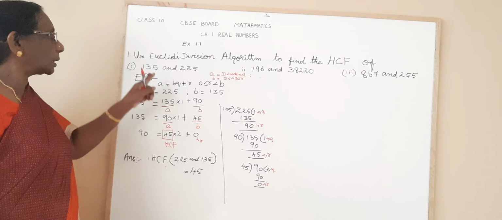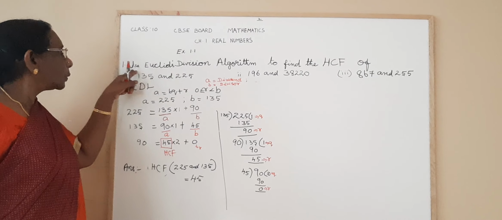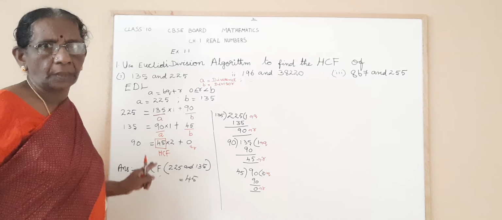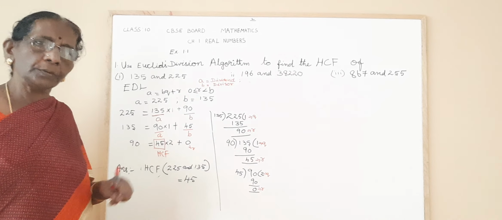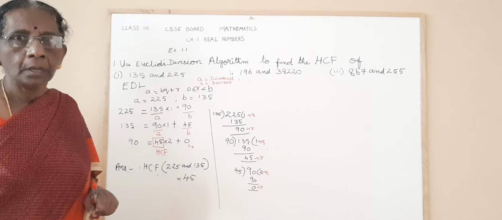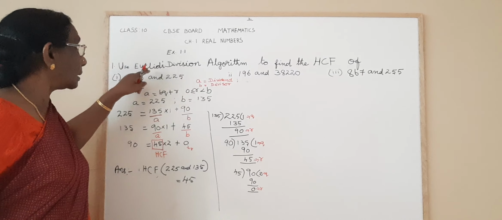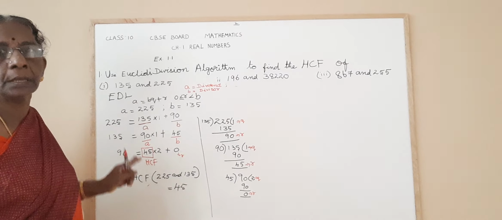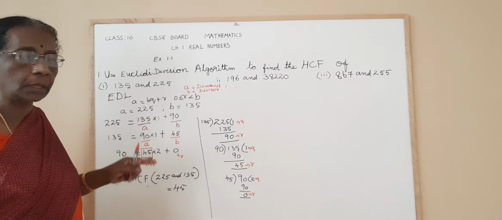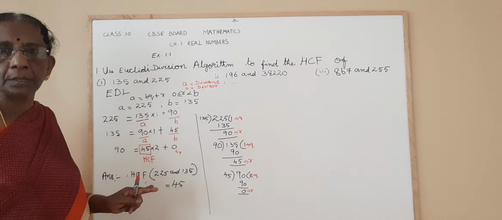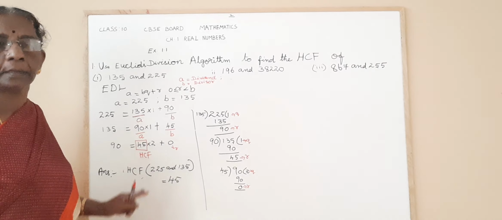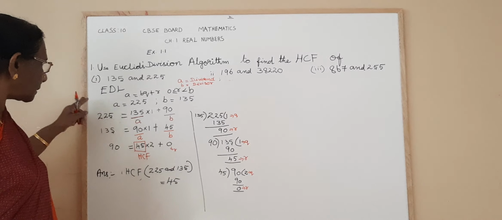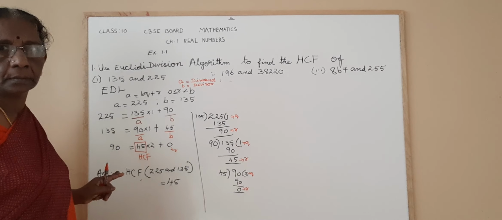Okay, children? Whenever the question says use Euclid's division algorithm, you have to use this method only. If the method is not specified, you can use any other method in the board examination. When the method is specified, you have to follow that method. Then only you will be given marks. If you use alternate methods, you will be given 0, though the answer is correct. Each and every step carries marks.